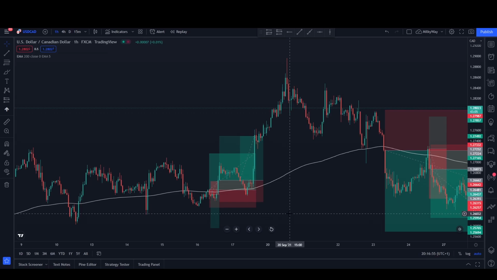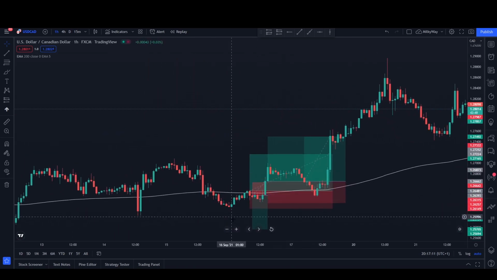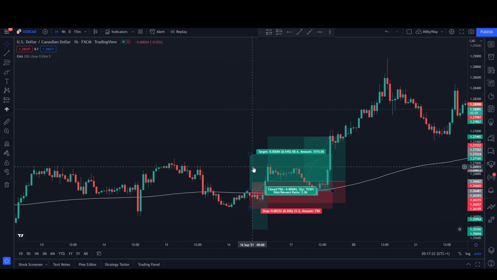This strategy involves quite a lot of open positions at a time, simply because the price fluctuates when it crosses that line. So essentially here, we would go long right here because it crosses from below. We put the stop loss at the last swing, and we aim for a 1:2 risk reward ratio.